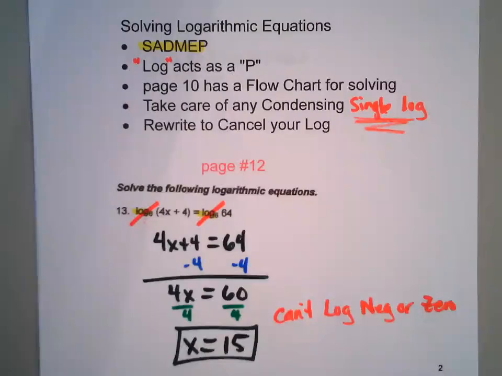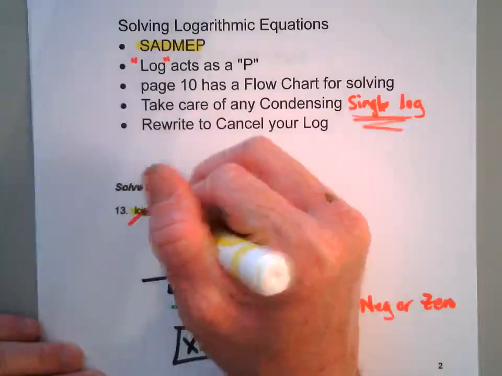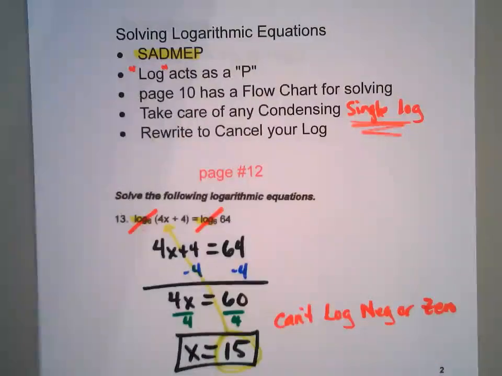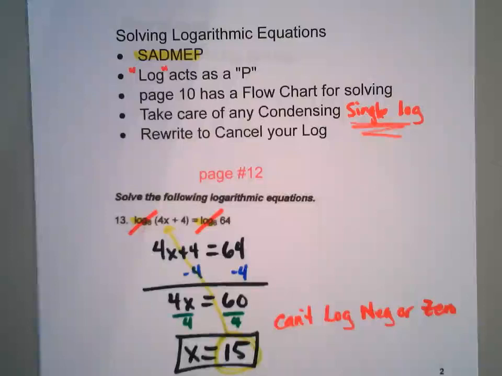So we want to make sure that if we take this 15 and plug it back into the equation, it's just going to be a positive value. And 15 times 4 plus 4 is definitely a positive value. So that makes 15 a viable solution, and we can move along to the next problem.